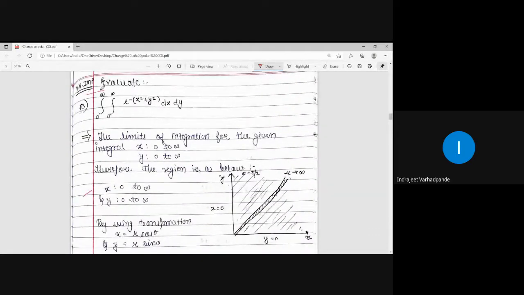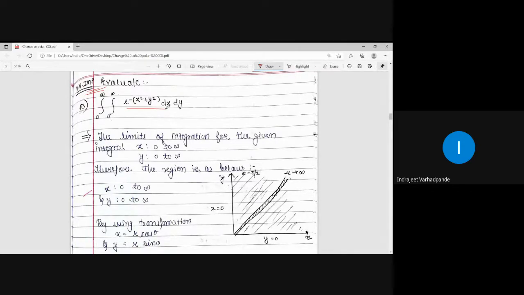This is a very, very important example wherein both pairs of limits are constant. Integral 0 to infinity, integral 0 to infinity, e to the power minus of (x square plus y square) dy dx, or dx dy.